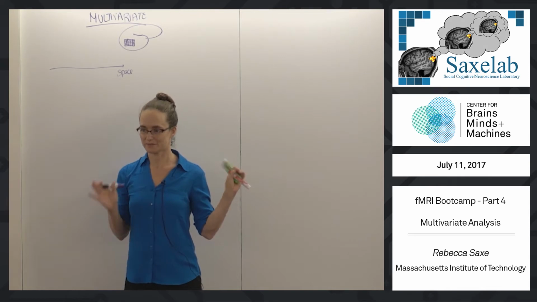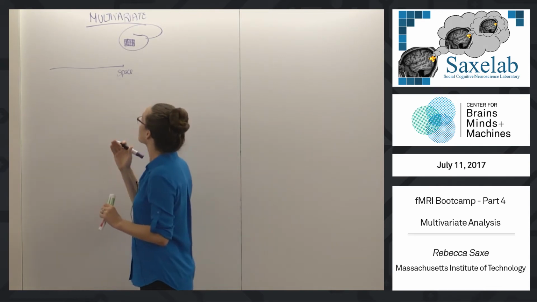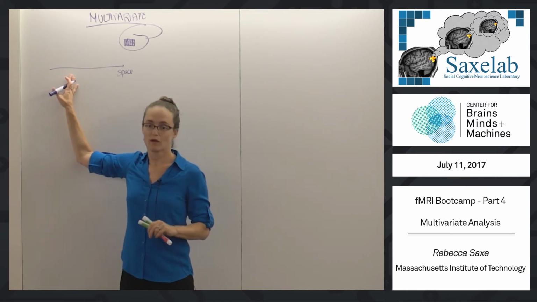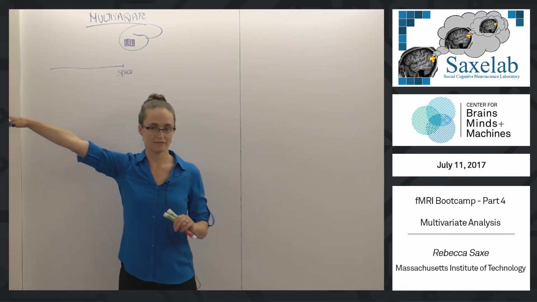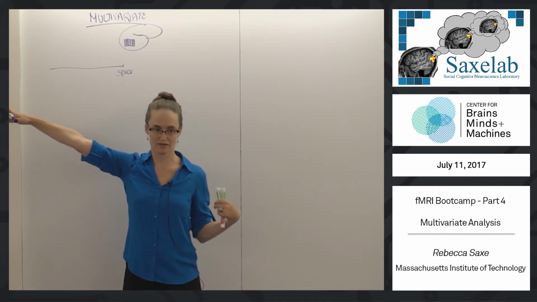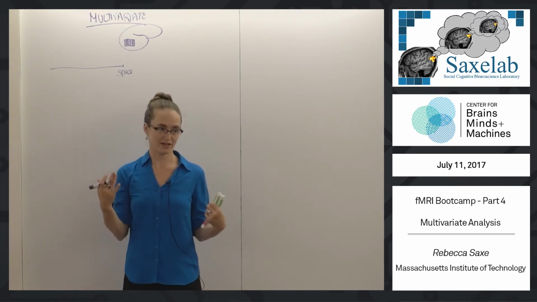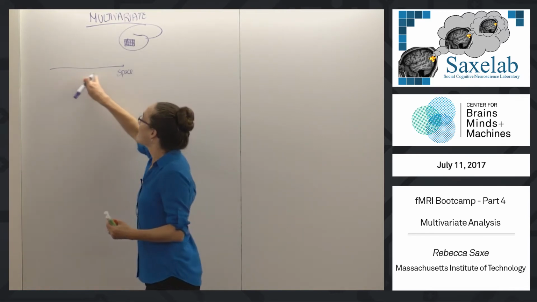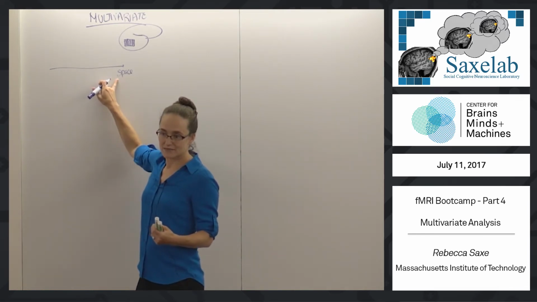Okay, so in the old way of thinking about analysis, once we got rid of time by converting to betas, right? So we had 4-dimensional data, then we solved for the betas, now we had 3-dimensional data. Everyone's with me? Okay, so in the old way of thinking about fMRI data, the axis is where the voxel is, right?